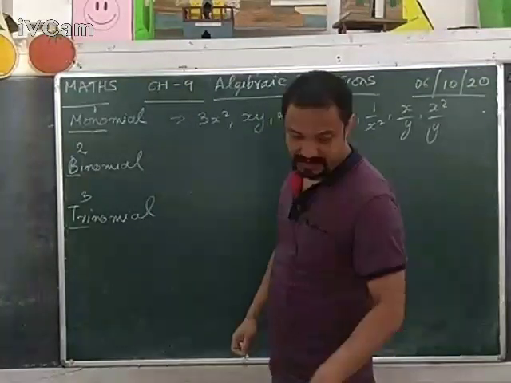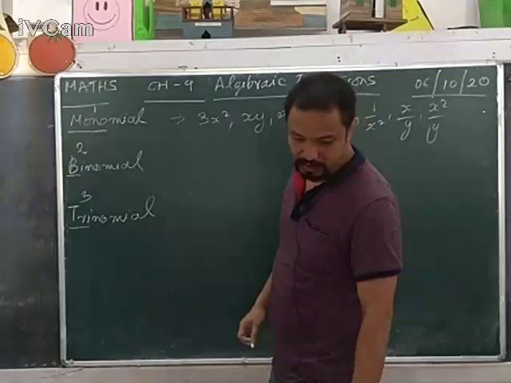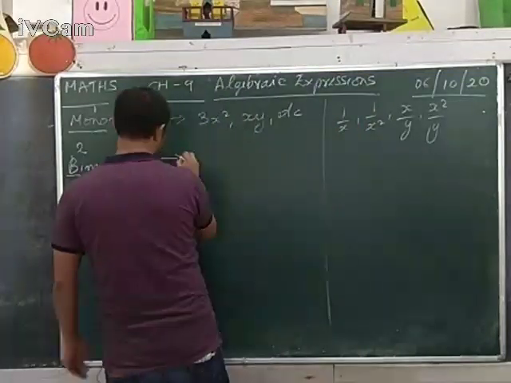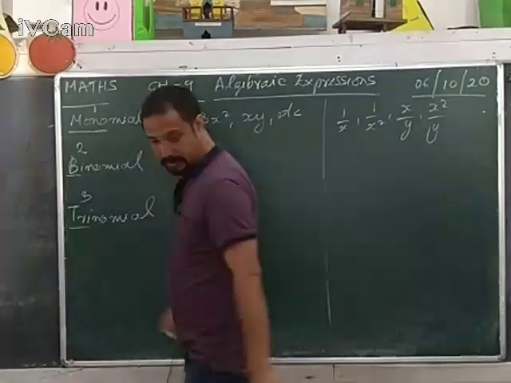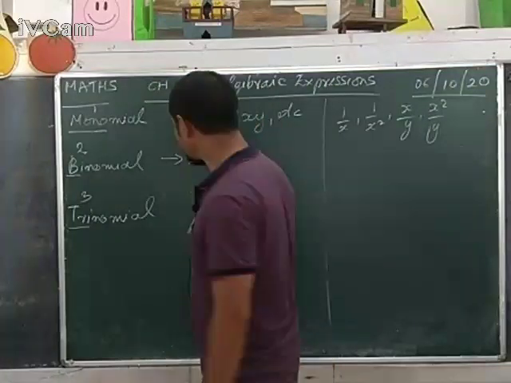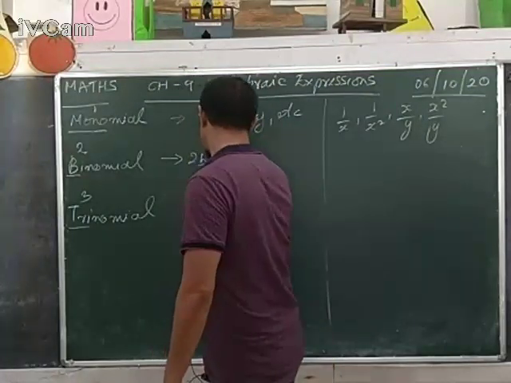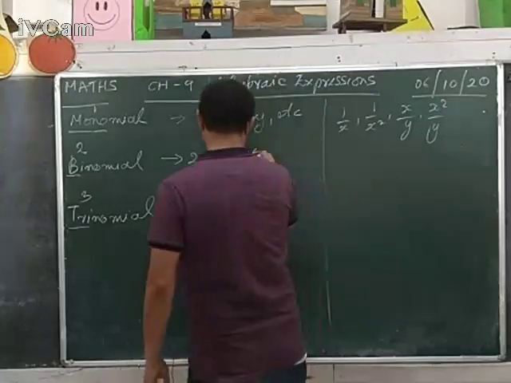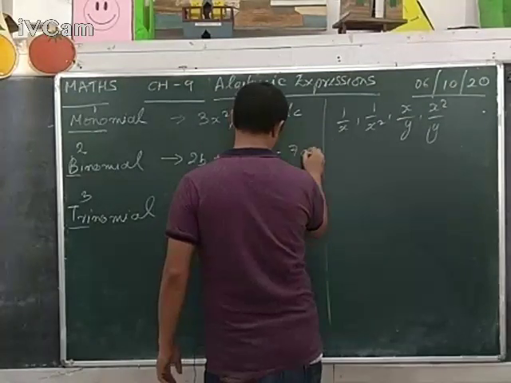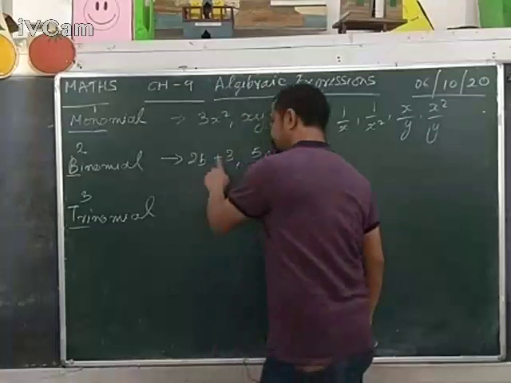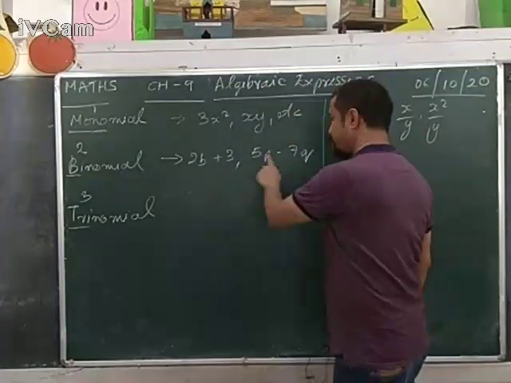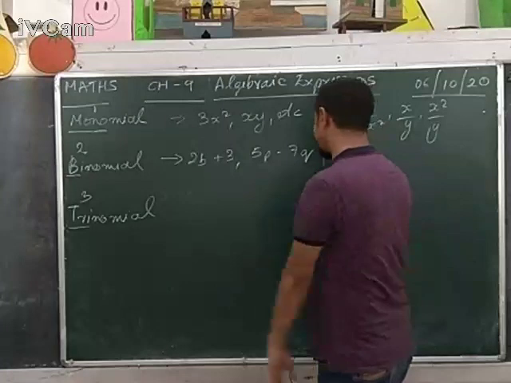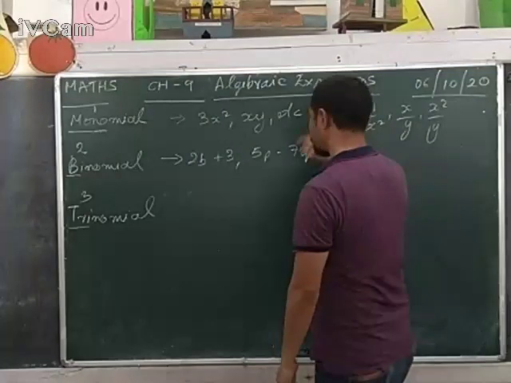Binomial, as it says, 2. I'll use the example from the book only. 2b plus 3c, and the other example given is 5b minus 7q. Can you see there are two terms because they're separated by a plus sign and a minus sign. So binomial, etc. You can figure out more for yourself.